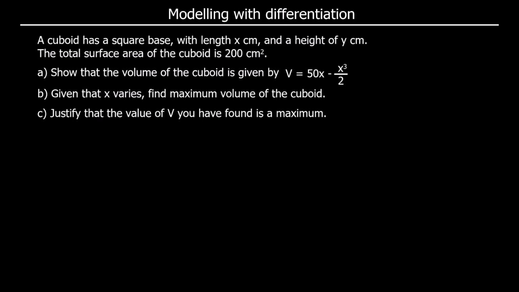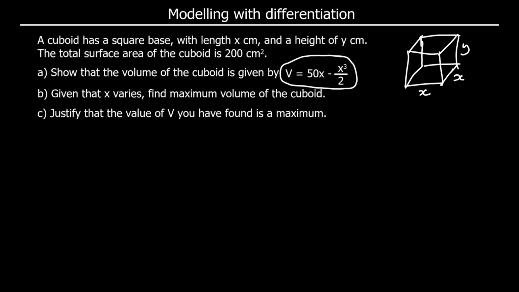We have a cuboid with a square base. So it's a base of x by x and a height of y. The total surface area of the cuboid is 200 centimeters squared. So the volume of the cuboid can be given as this.